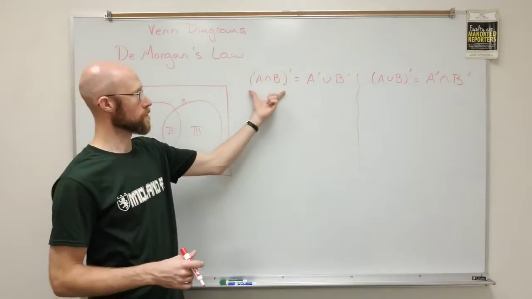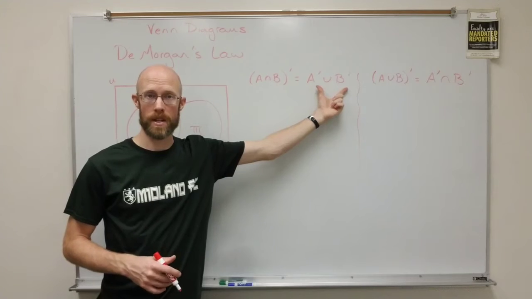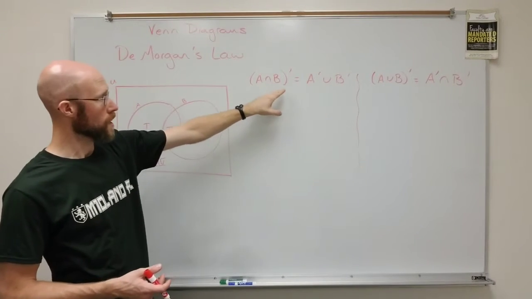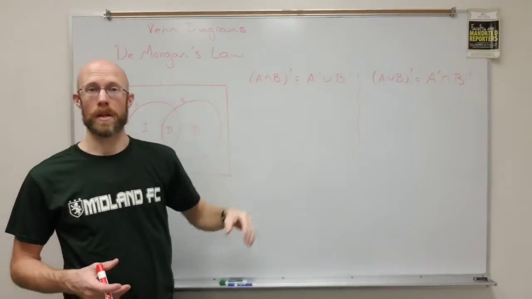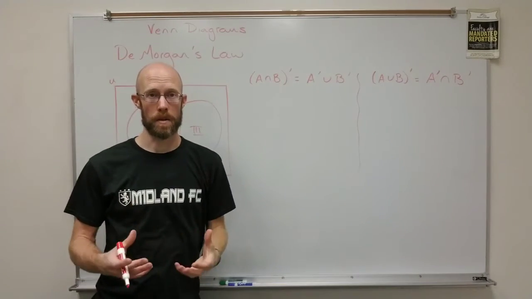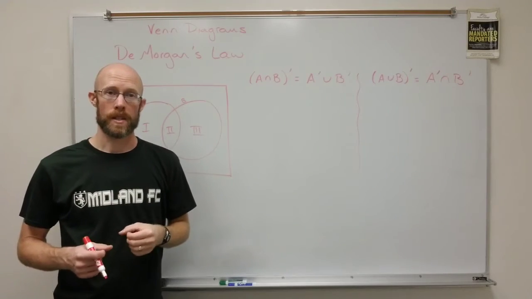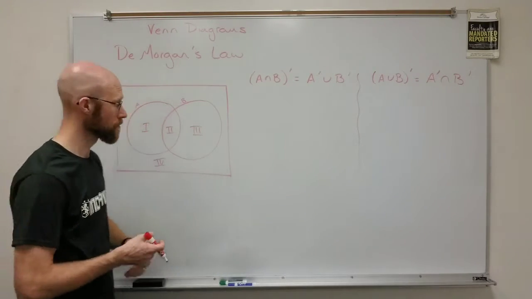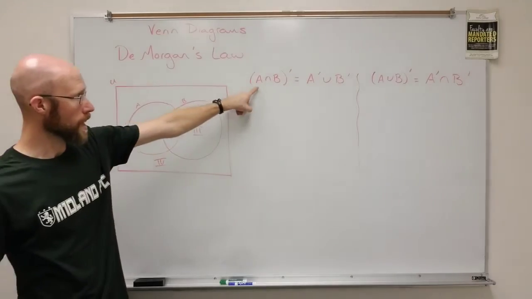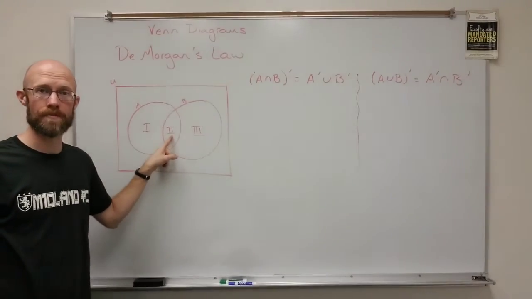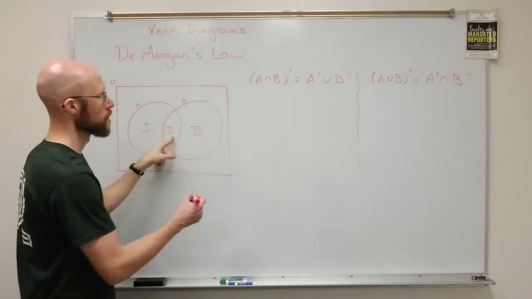Okay, so these are basically sets, right? A and B are sets, and so their complements are sets, their intersections, these are sets. And so the equivalence of two sets just means that they contain the same elements. In a Venn diagram, that's equivalent to containing the same regions. Okay, so let's first look at A intersect B. Well, A intersect B is region 2, right?